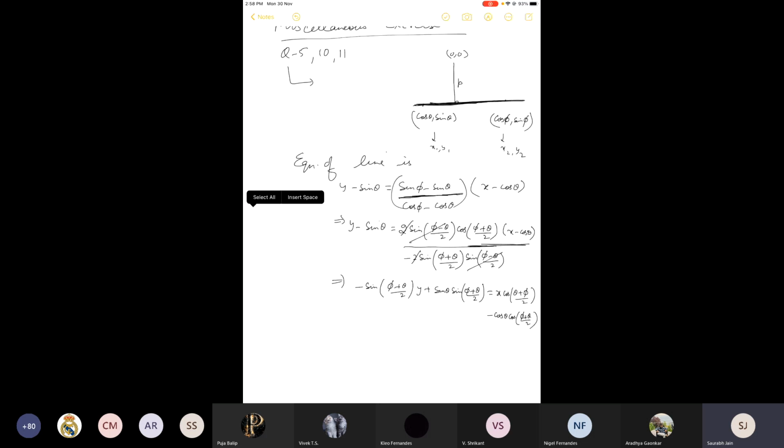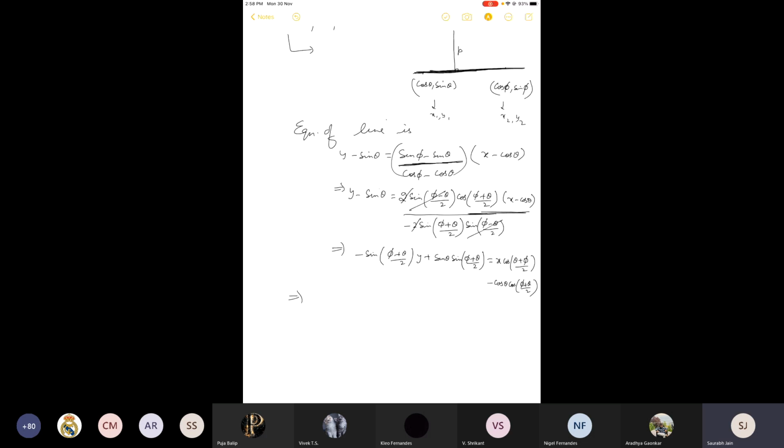Now you write all the terms on one side. So what we can do, with x we have cos (phi plus theta) by 2. With y we have, now we are shifting this term to the right hand side, sin (phi plus theta) by 2 y, and this term also minus cos theta cos (phi plus theta) by 2.